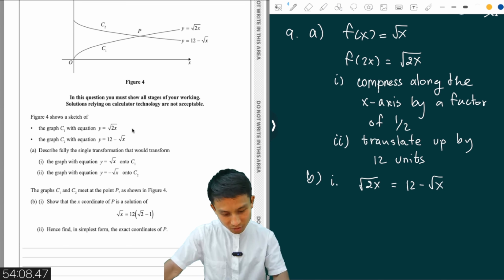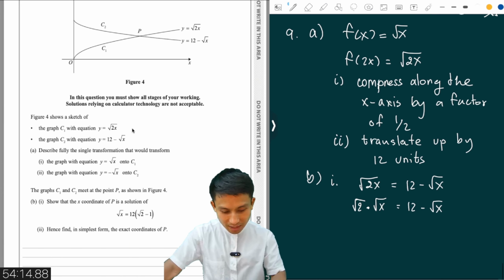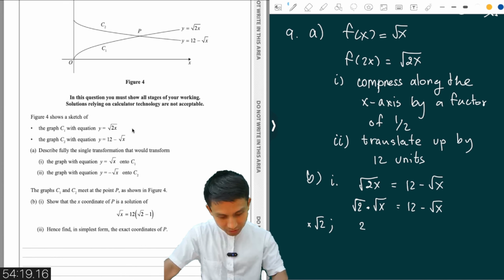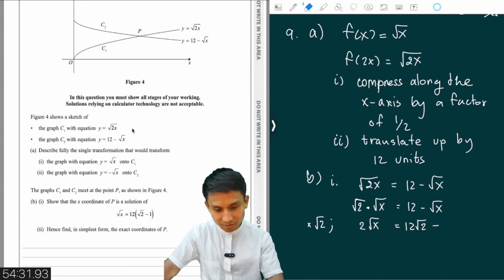We can use some surds properties here, just to look at that in another aspect. And then how about multiplying everything by root 2 there? So we get 2 root x here plus 12 root 2, yeah? Minus, that doesn't make any difference, does it? Hang on.